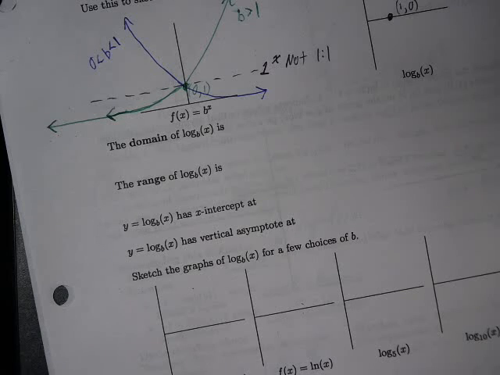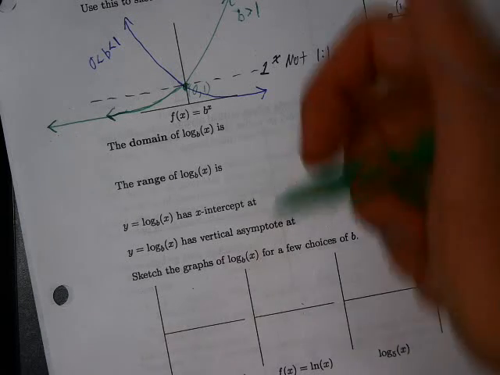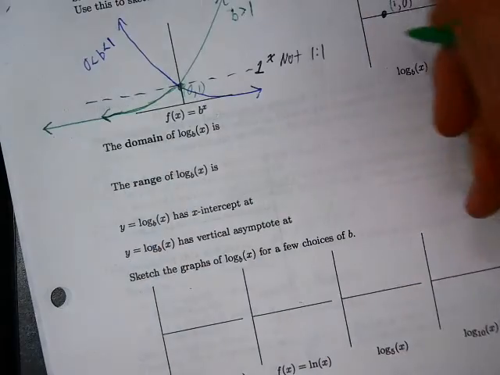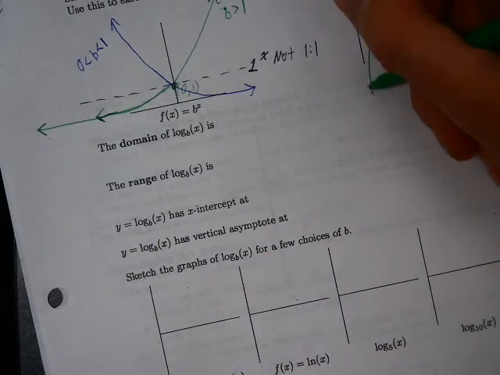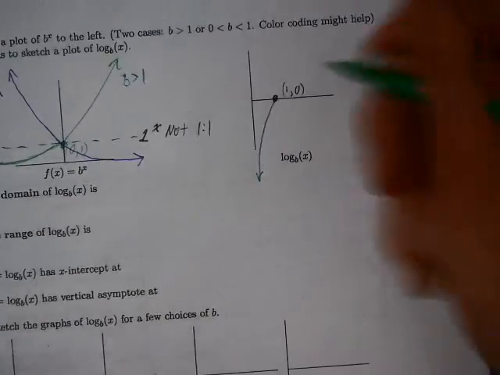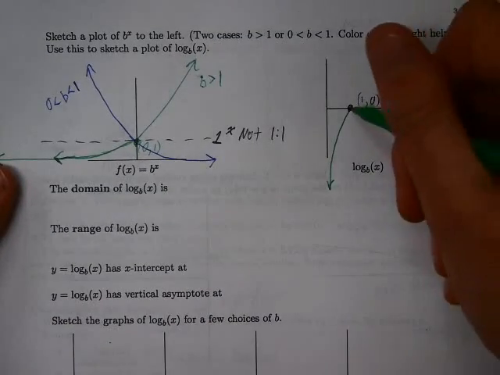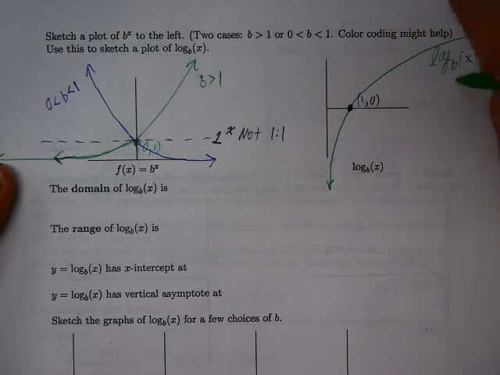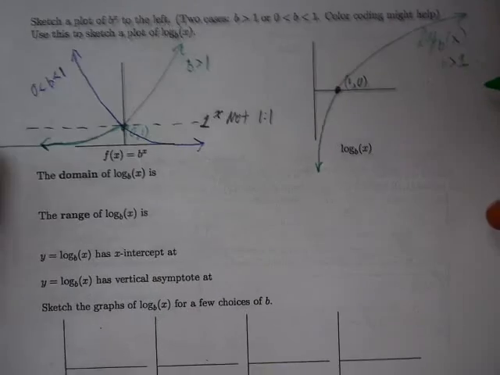So conversely, for the inverse function, as the x values get close to 0, the y values will go to negative infinity. Oh, yeah. So there's the graph of log base b of x when b is bigger than 1.